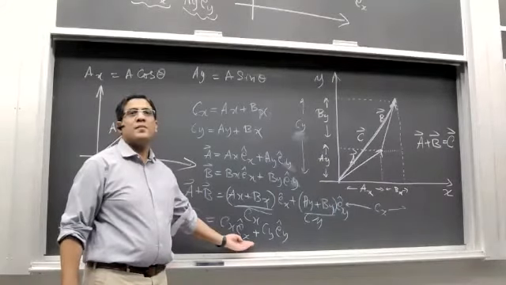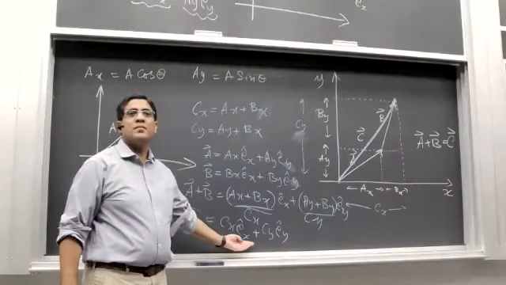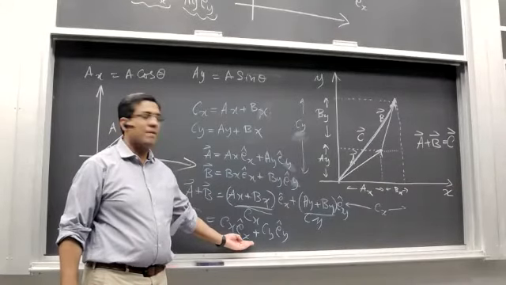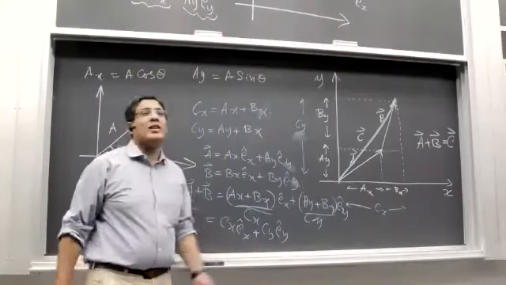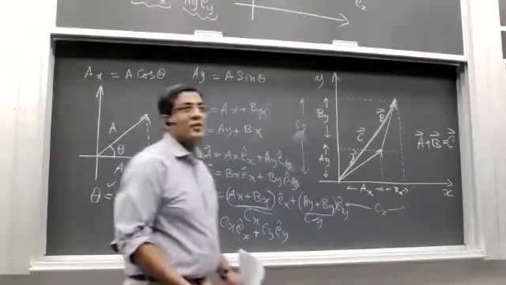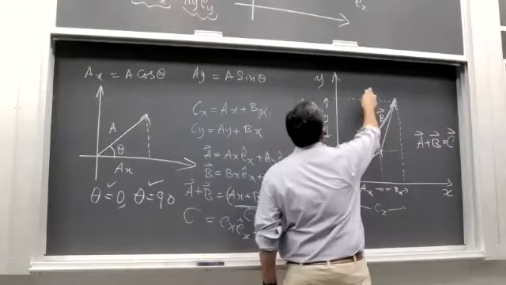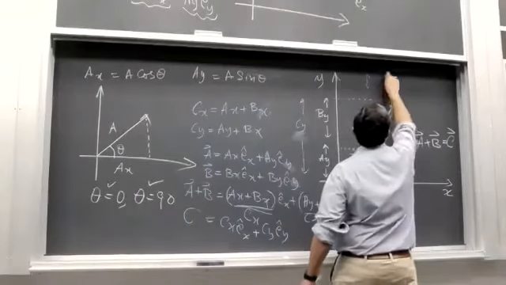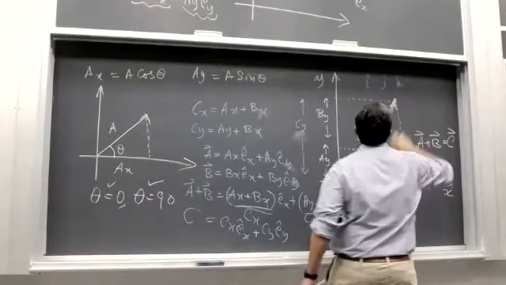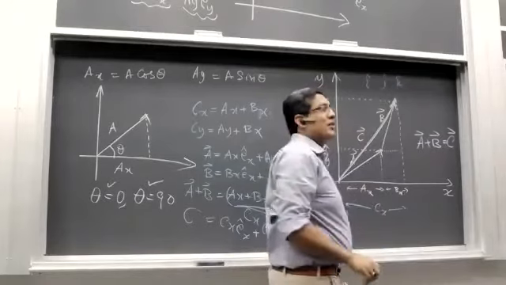Can we use I hat and J hat for unit vector? Yes, yes, it's fine. If you are used to using I hat, J hat, K hat, that's also fine. It's just a symbol, okay?